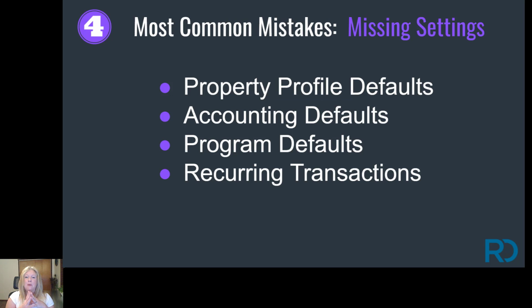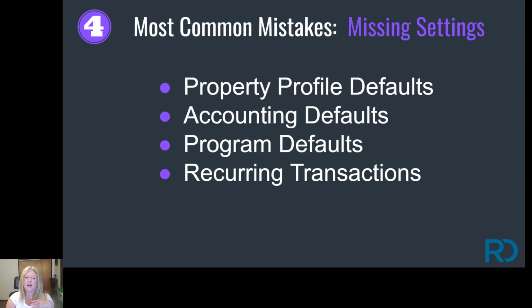All right, remember those settings we reviewed earlier that are going to help your ledger activity flow perfectly? As you might imagine, if those settings are not in place, they can create mistakes in your ledgers. So that is another common mistake. Just make sure you manage your property, accounting, and program default settings, and you review your recurring transactions in your settings just to make sure that things are working as you desire.